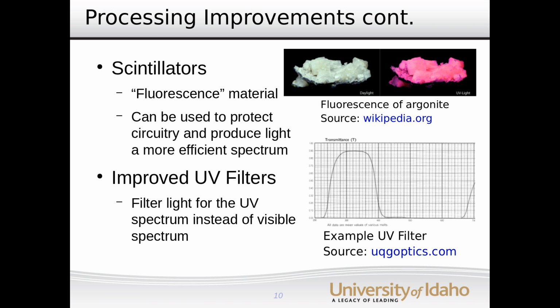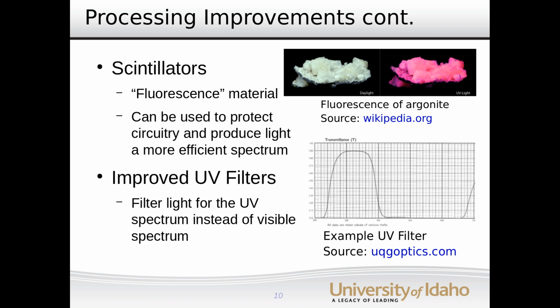That way you can basically convert these high energy UV, X-ray, gamma rays into a visible light or a lower energy that can be collected more efficiently with existing image sensor technology.